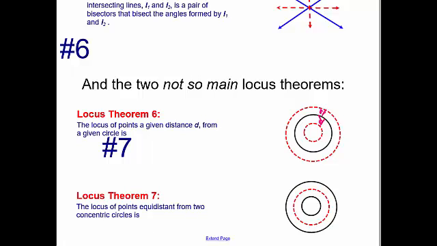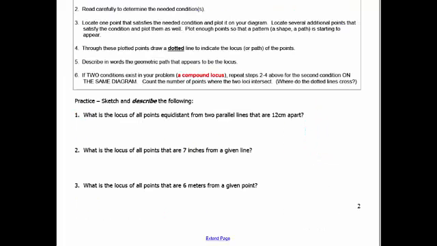If we think about problems, basically you're expected to either identify the number of points satisfying the condition, describe the condition, or draw a picture. Looking at the example down below, it asks you to sketch and describe the following. What is the locus of points equidistant from 2 parallel lines that are 12 centimeters apart?